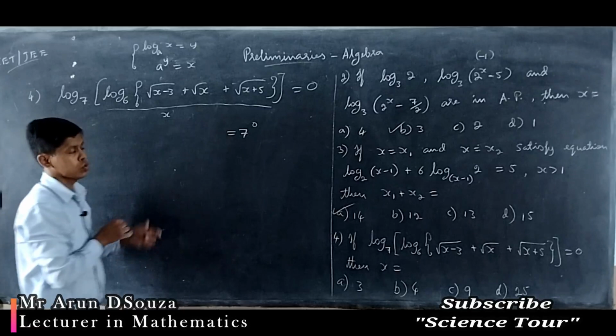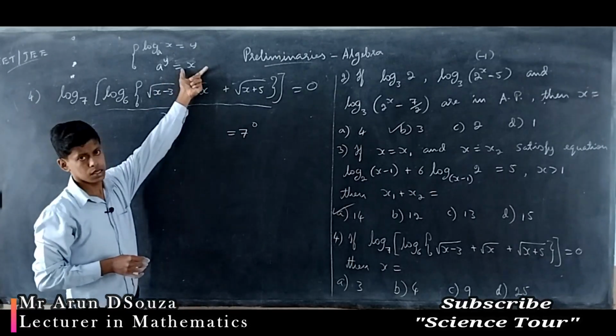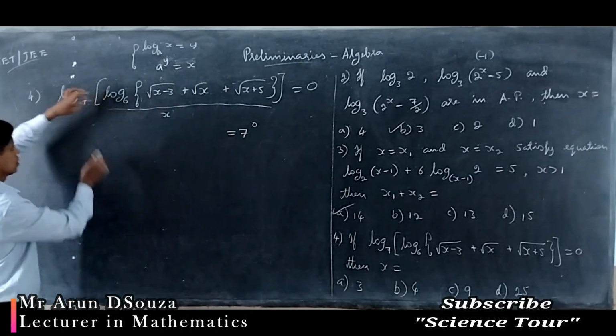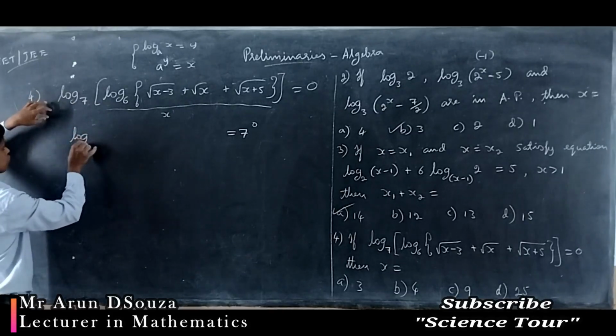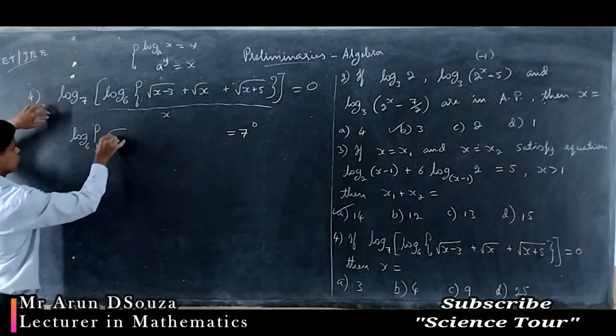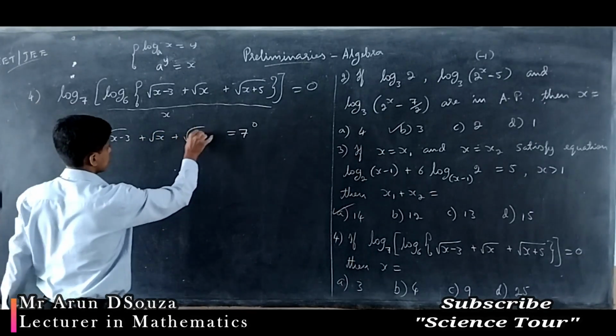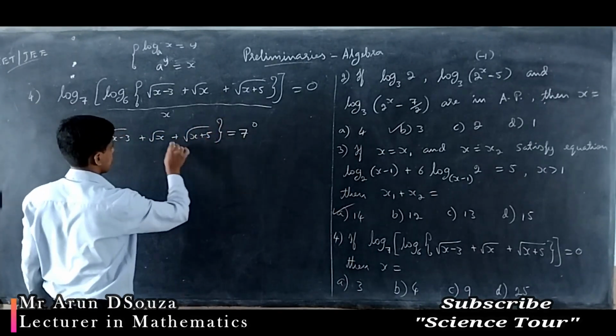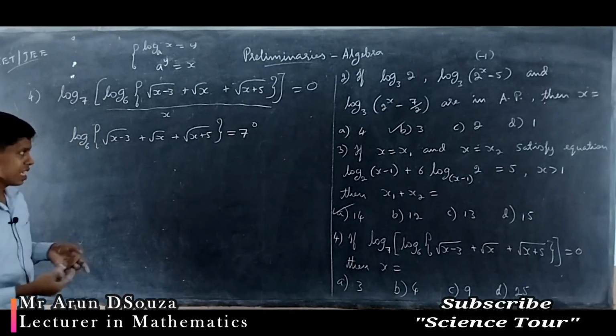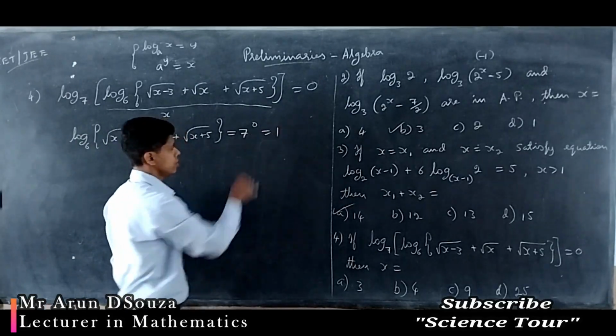That is equal to x, correct? So what is x? Log to the base 6 root x minus 3 plus root x plus root x plus 5. Now once again, 7 to the power 0 is 1.